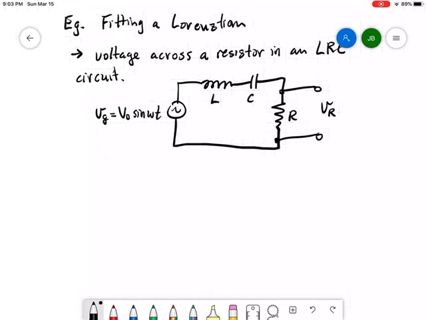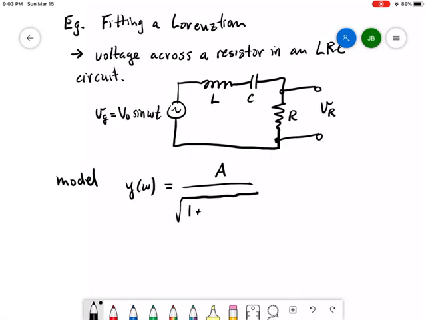Okay, and so what does the model look like? Let's just be general. Y might be the amplitude of the voltage across the resistor or something like that. So the model is some coefficient A divided by the square root of 1 plus frequency squared over this parameter gamma squared, and then it's 1 minus omega naught squared over omega squared, and then all of that was squared.